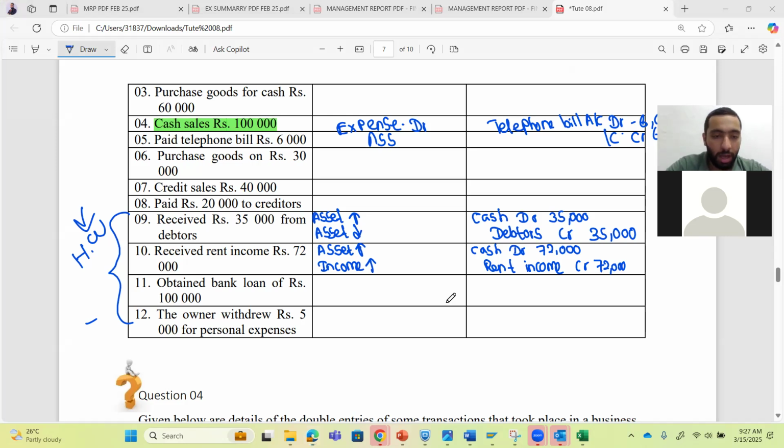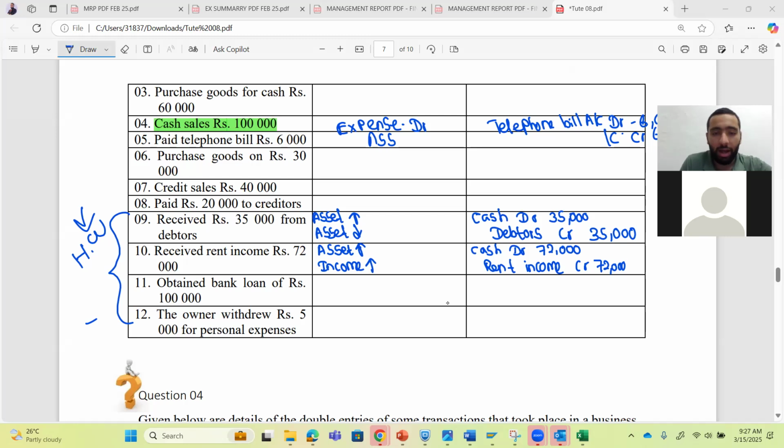Right? And then the next one, obtained bank loan of 100,000. Now what will happen? What are the elements that are affected? What are the elements of accounting? There are 5 elements of accounts: assets, liabilities, income, capital, and expenditure. Very good. So Ashini is saying assets and liabilities. Right? Very good. So what is the double entry for this?